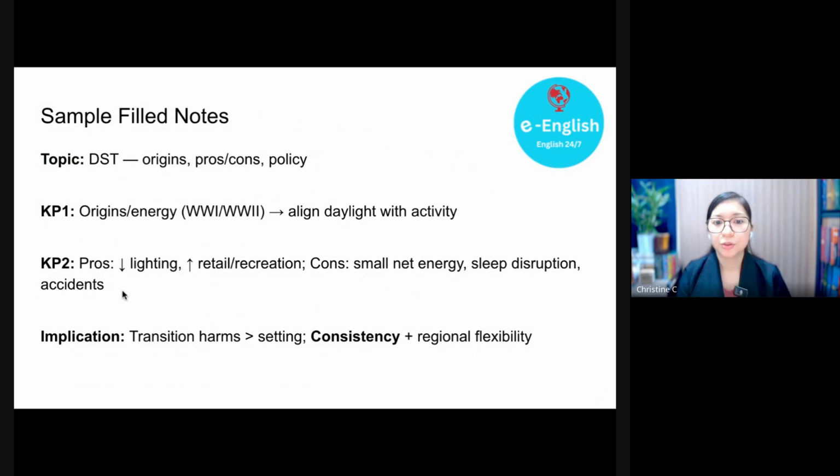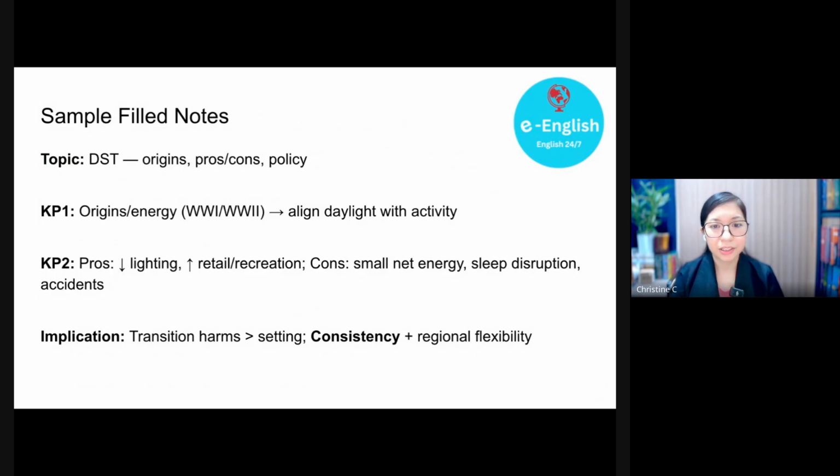Key point number two, proponents of the daylight savings time say that it lowers lighting, it increases retail and recreation activities. Those who are against it say that the energy that is conserved is just small anyway. And the problem about daylight savings time is that it disrupts sleep and it may also cause accidents.